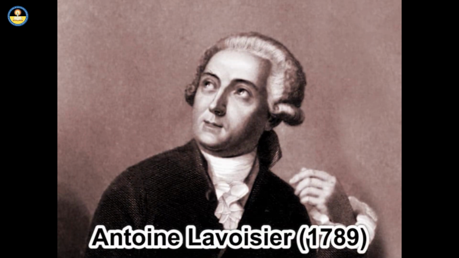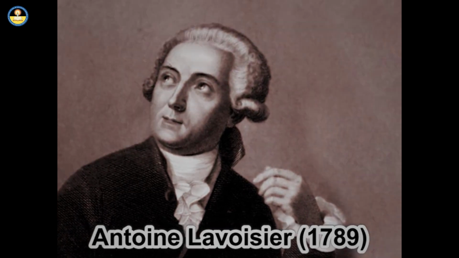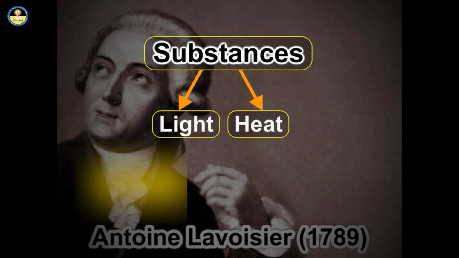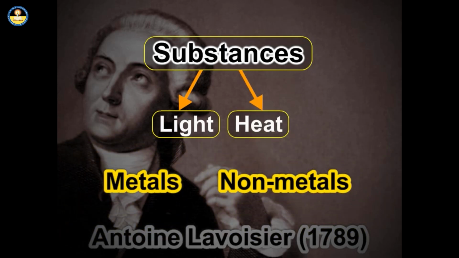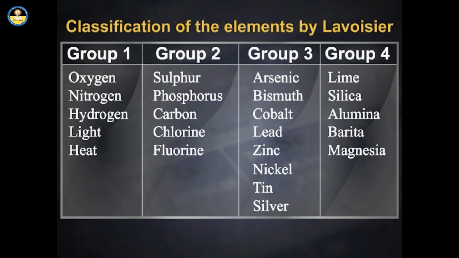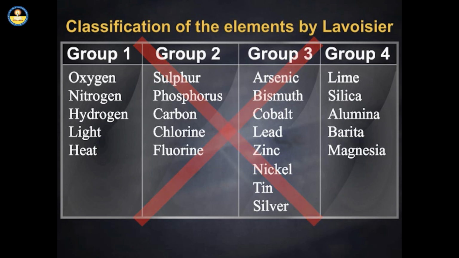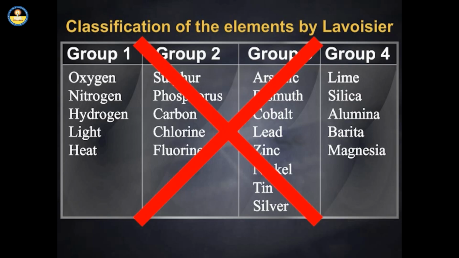In 1789, Antoine Lavoisier became the first scientist to classify substances, including light and heat, into metals and non-metals. His classification, however, was unsuccessful because his table consisted of much wrong information.